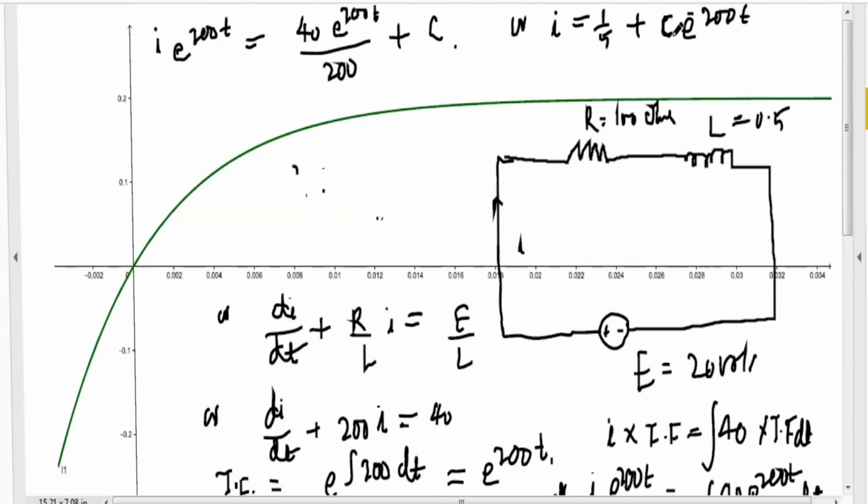To find c, we see in the figure that initially the current is 0. At initial time t equals 0, there is no current flow, so I equals 0.